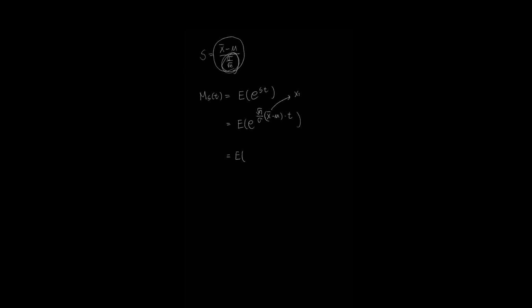sample mean as the sum of X divided by the number of the sample. So it's going to be like this, with x1, x2 until xn, divided by the number of the sample, minus mu, times t. It's the same. We don't want to remove this n because it's irritating to see.